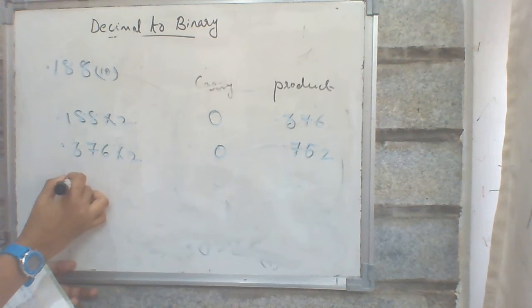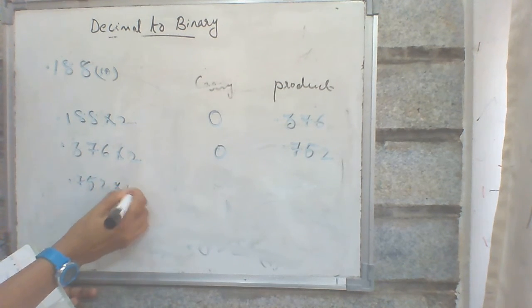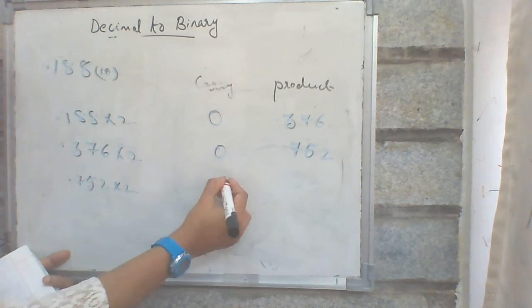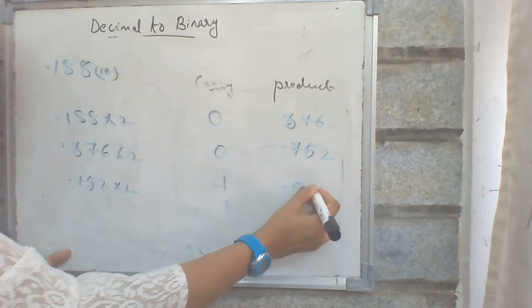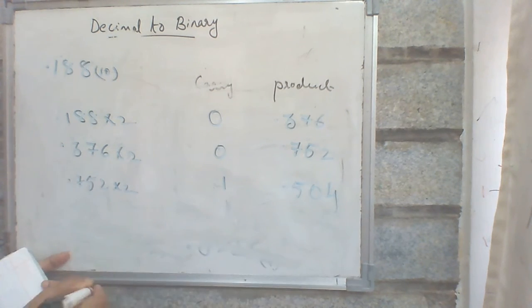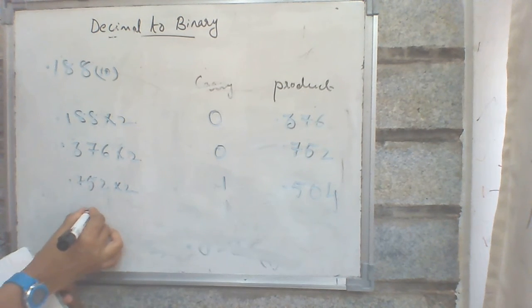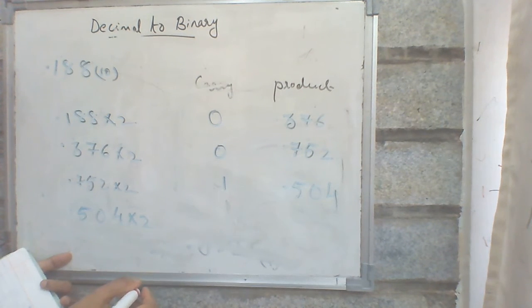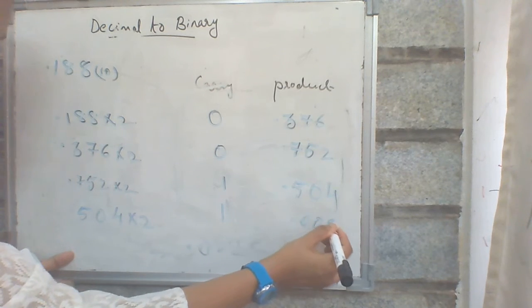Then what is the next step? 0.752 into 2 is equal to 1.504. Then one more step. 0.504 into 2 is equal to 1.008.